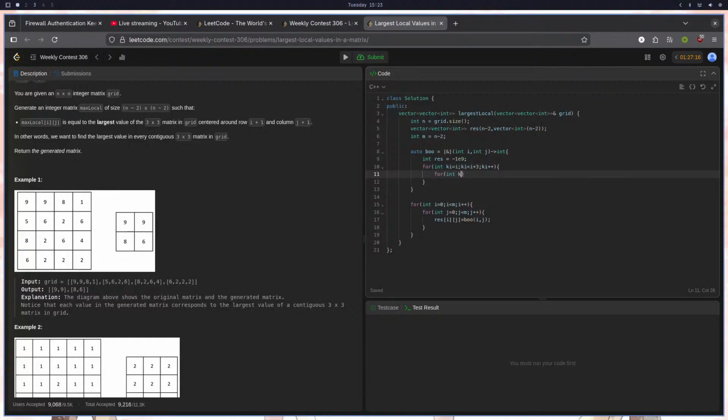For INT kj equal to j, kj less than j plus 3, kj plus plus, res equal to max of res comma grid of ki kj.